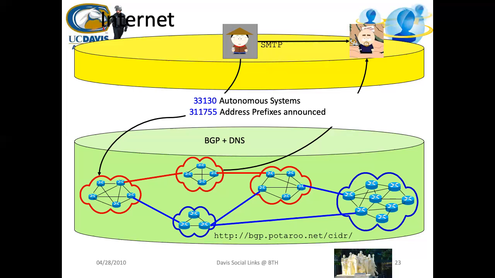I'm going to talk a little bit about BGP. So what is BGP? BGP allows every single node that's connected to what we call the internet to be able to talk to each other.